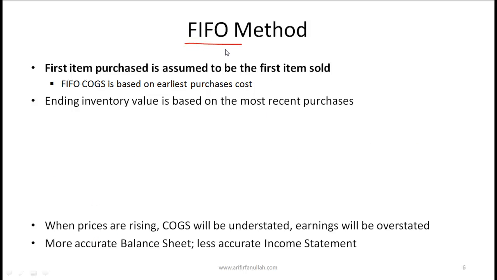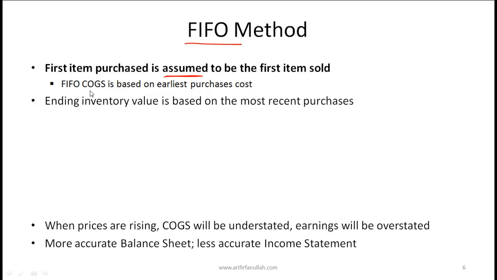The FIFO method. In this method, as we briefly spoke about earlier, the first item purchased is assumed to be the first item sold. Now here again the emphasis is on assumed, because this doesn't mean that you are actually selling that first item. It simply means that you assume you are selling the first item and using that cost.